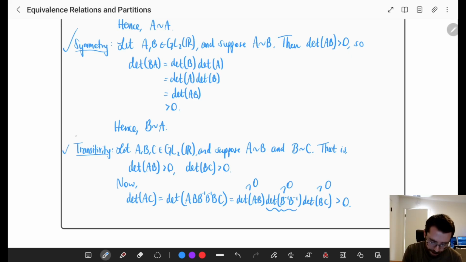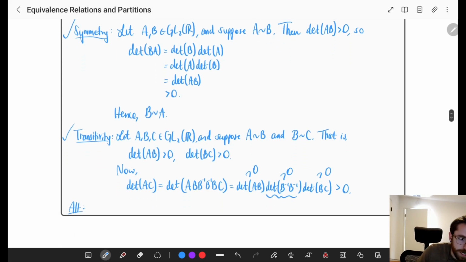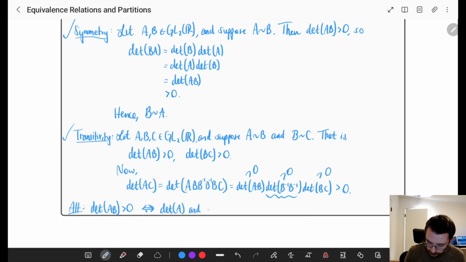If you want a different way to prove this, so it is transitive, if you want a different way to prove all of these statements, because it's fun to see different ways of proving things sometimes, you could observe that this condition, that the determinant of a product of matrices is positive, is equivalent to saying the determinant of A and the determinant of B have the same sign.